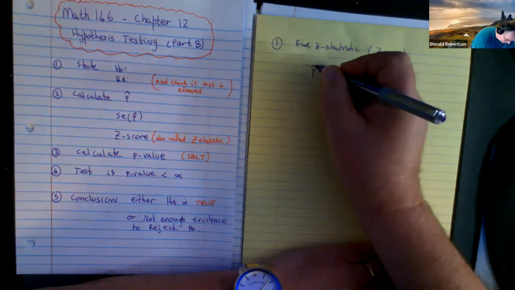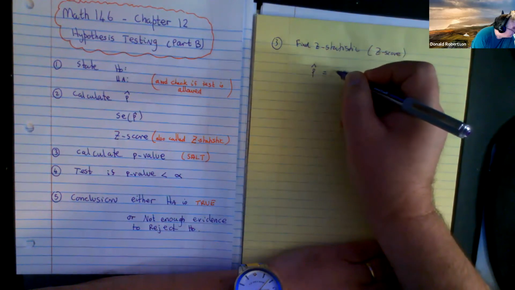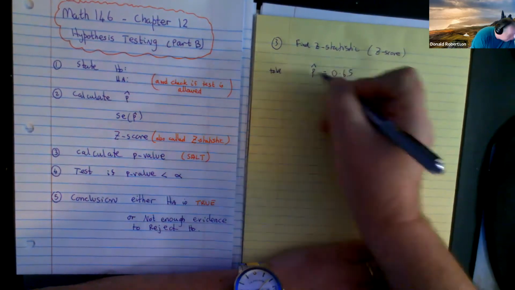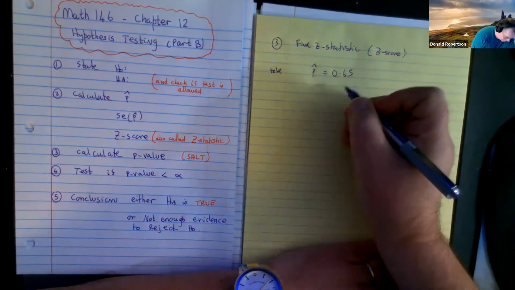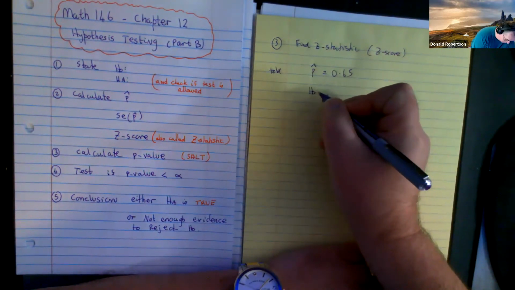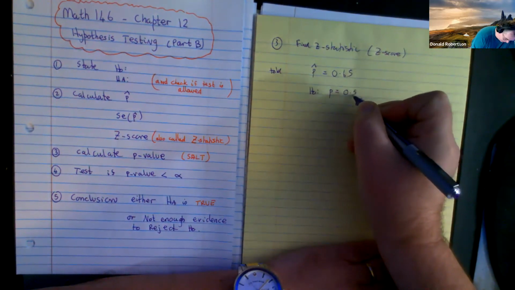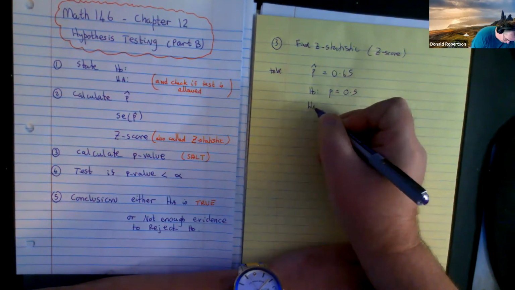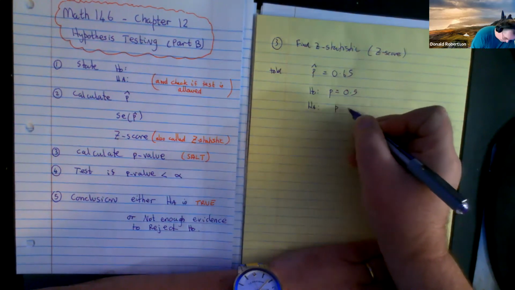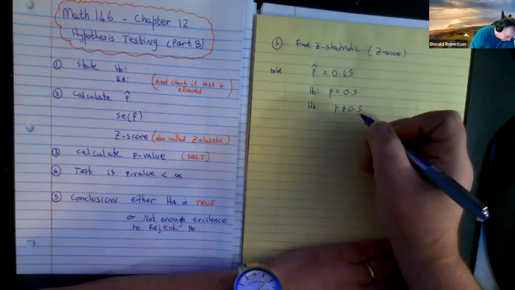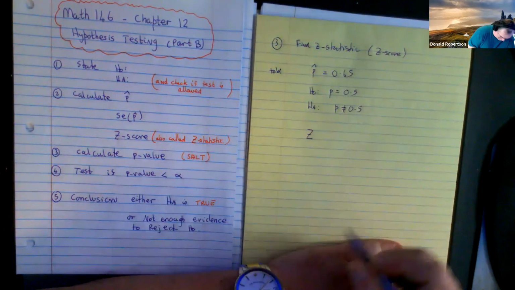I'm told p hat is 0.65. You're told the null hypothesis is p equals 0.5. You're also told in this question that the alternate is that it's not equal to, right? So it's different than 0.5, and you're going to get your z-score.